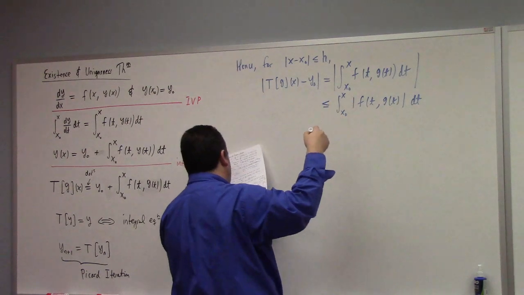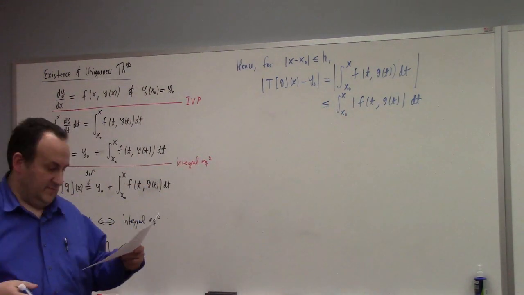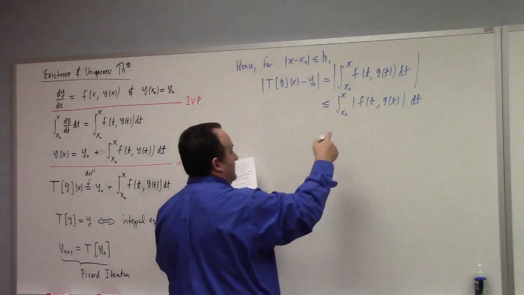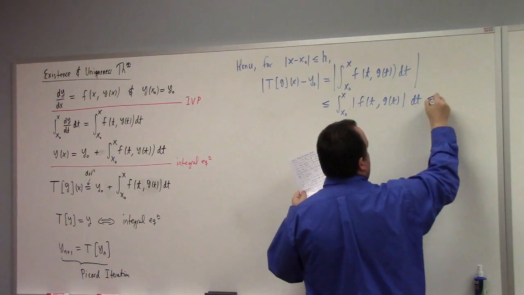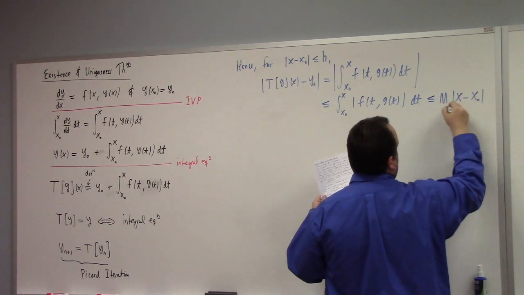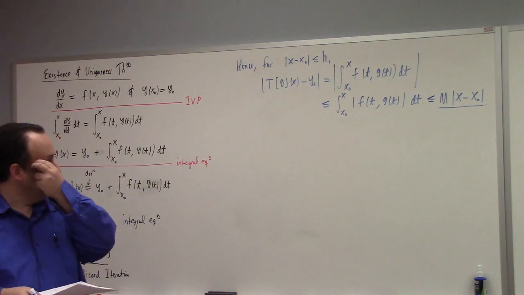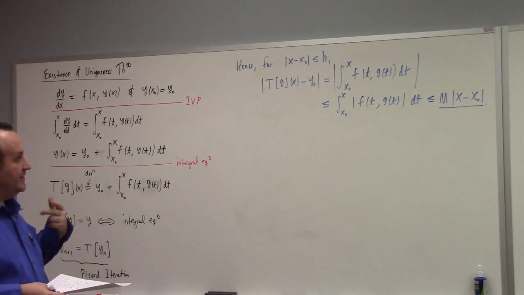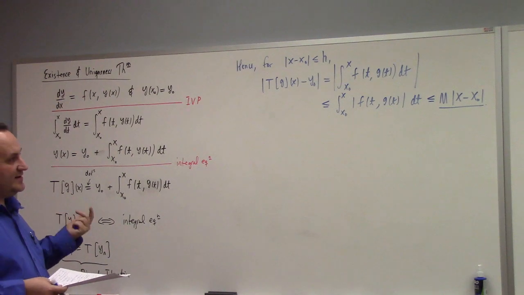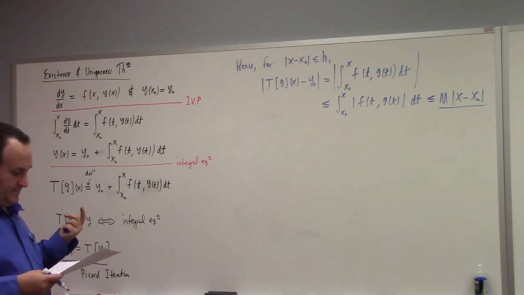That's a property of definite integrals, right? The absolute value of the integral is less than or equal to the integral of the absolute value. And then this is less than or equal to m times |x - x₀|, because the value of f is bounded by m in this context, and when we integrate dt, we just get x - x₀.